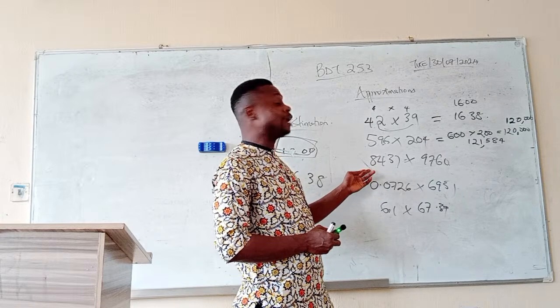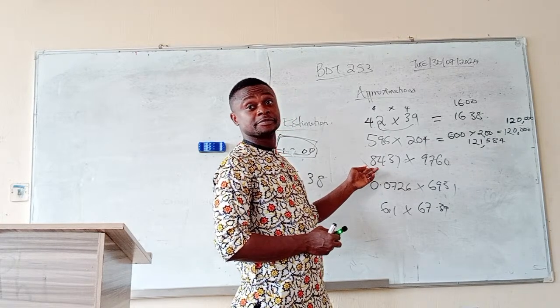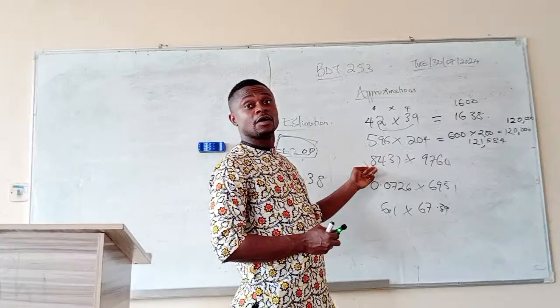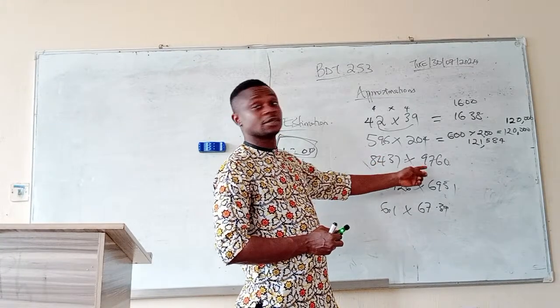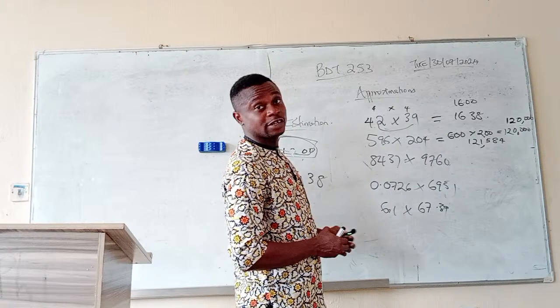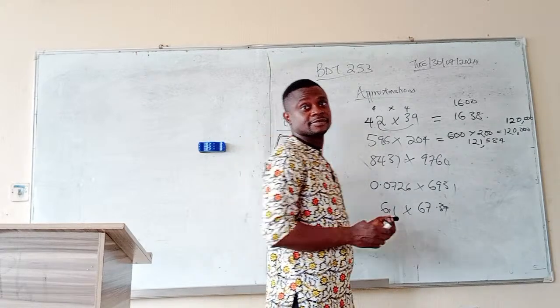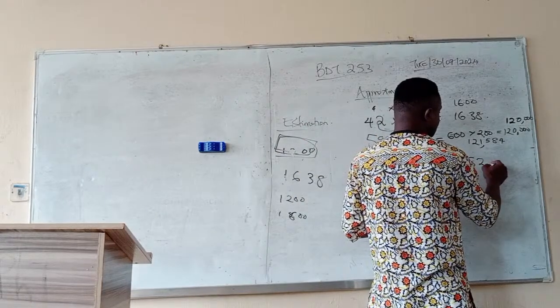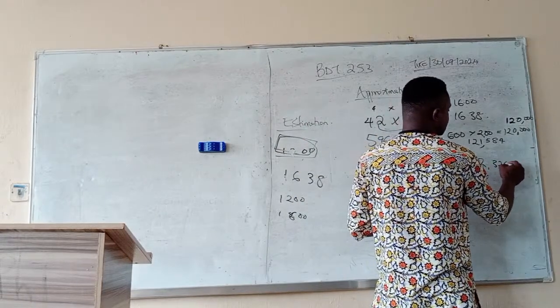So what did you agree on this one? Okay, 8 around 4 times what? Times 9 8. And so what do you get? 82 what? Million 300 what?